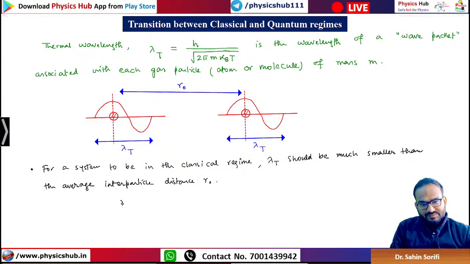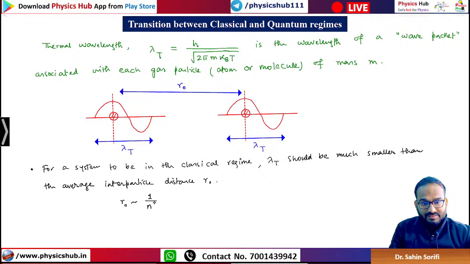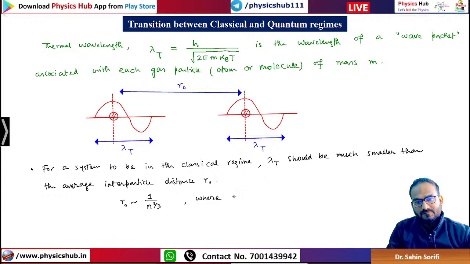For this case, R0 will be of the order of 1 upon n to the power 1 by 3. What is n? n is the density of particles.